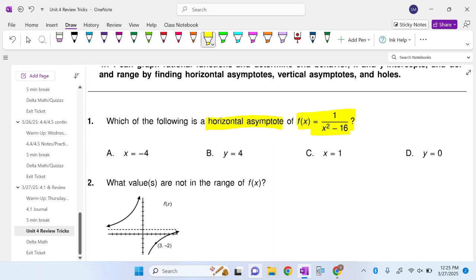A line that the graph cannot cross. They gave you 4 different lines. It's a horizontal asymptote, so does the line have to be horizontal? Yes, so that automatically eliminates which choices?